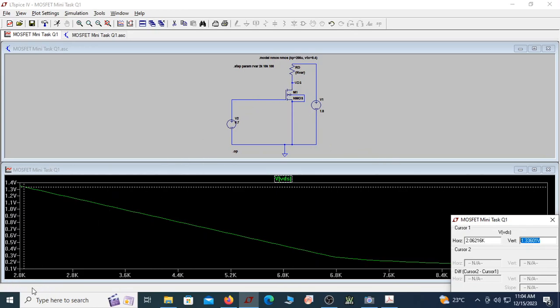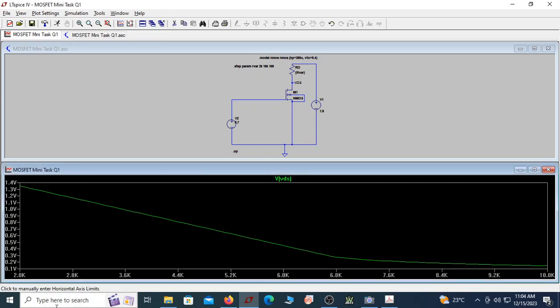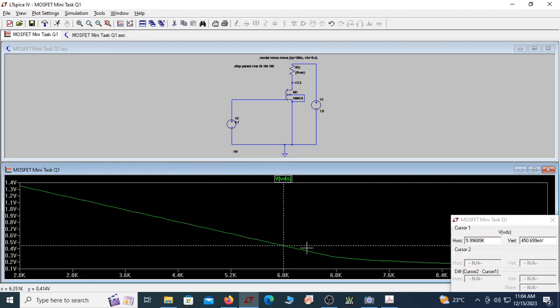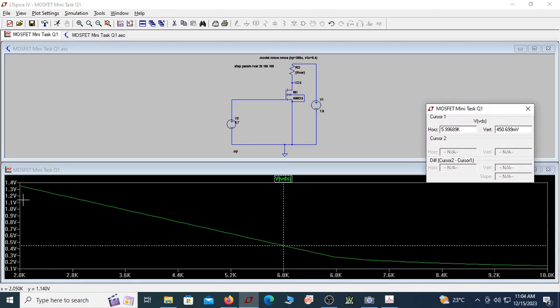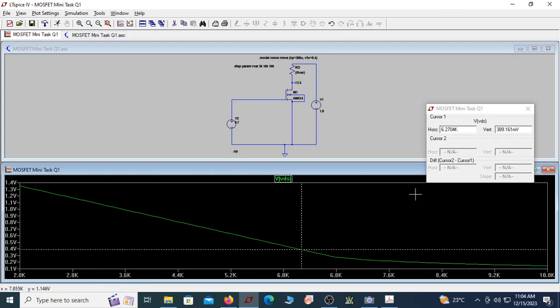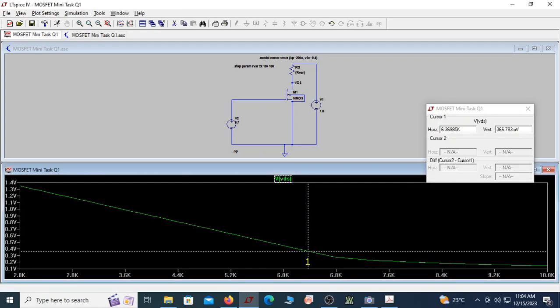Whatever value you have on the x-axis is the resistance RD being varied from 2K to 10K in steps of 100 ohm. You are looking at the value of RD for which VDS becomes 300 millivolt. Theoretically we found that it should be 6.66K. Let us see.